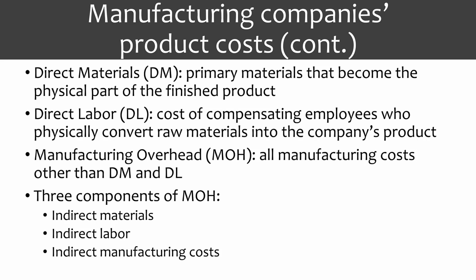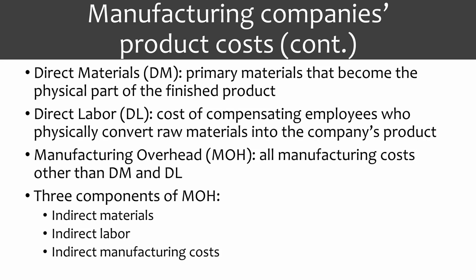There are three main components. Indirect materials include materials used in the manufacturing plant that are not easily traced to individual units. For example, they might include janitorial supplies. It might include oil and lubricants for the machine. Then we have indirect labor.